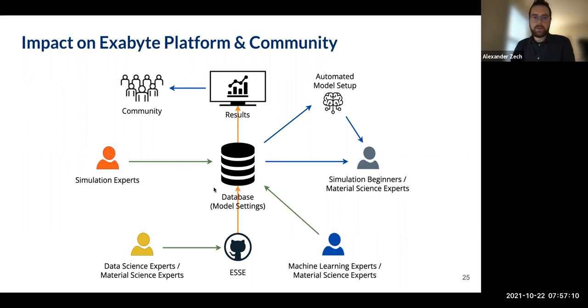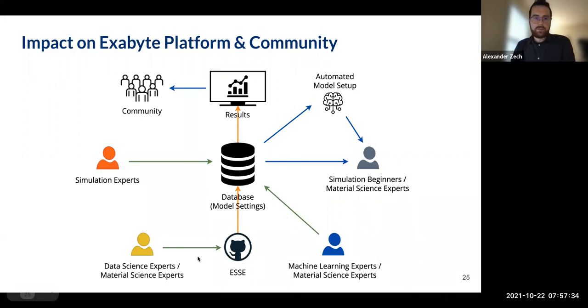But also, if we keep a lot of the information about the model settings, and this would tie in to the slide before, we could think about an automated model setup. So if we are able to construct these associative relationships, we could say that given a material and a property, we could suggest a fitting model.